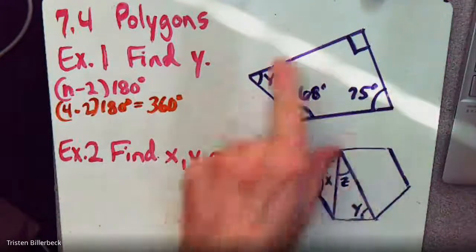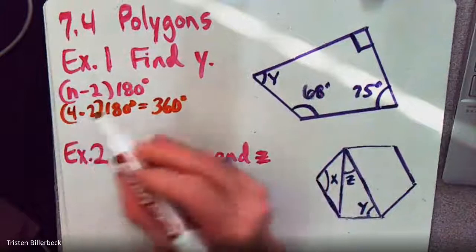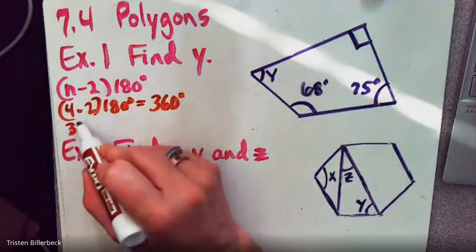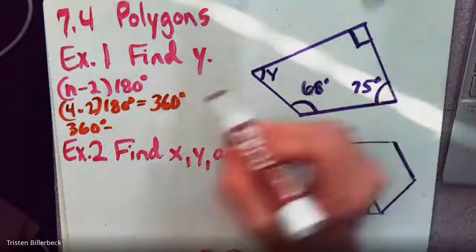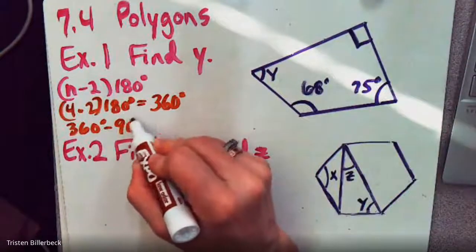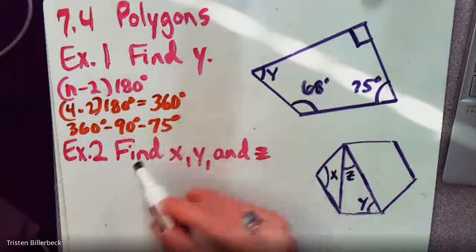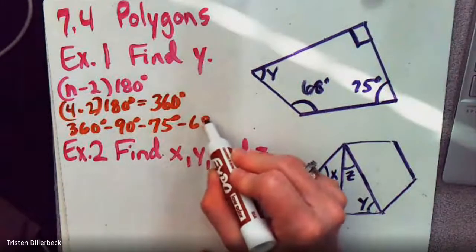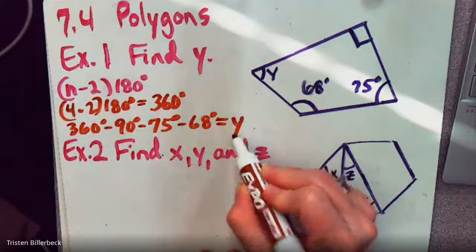So the interior angle sum should equal that. And if we subtract 360 minus, and this little box here is 90 degrees, minus 75 degrees, minus 68 degrees, that's going to end up being y.